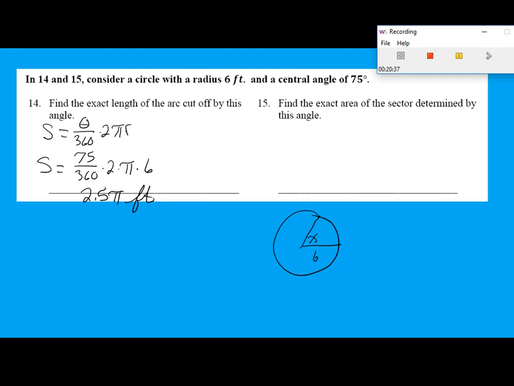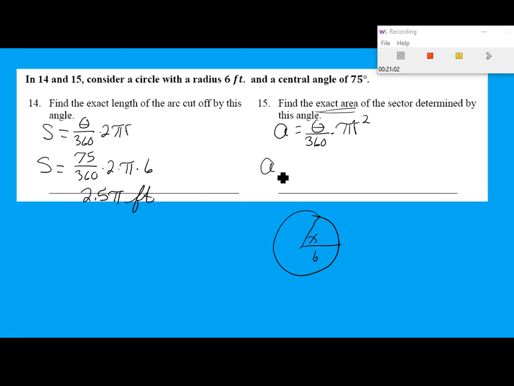Now, when we hit number 15, notice that it says find the exact area. So think through your formula before we even start. The area of this arc is going to be the angle that I'm working with out of 360, since I'm in degrees, times pi r squared. Now let's go grab your numbers.